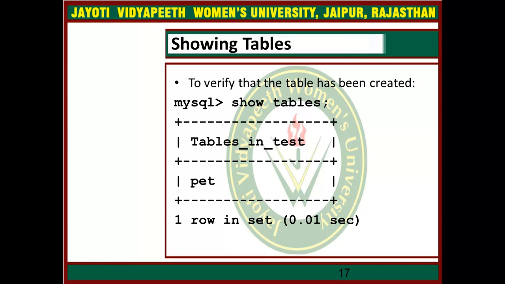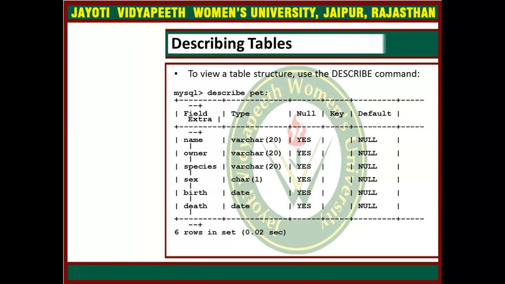Describing tables. To view a table structure, use the describe command. See here, at mysql, you just type describe pet. It shows name, owner, species, sex, birth, death.